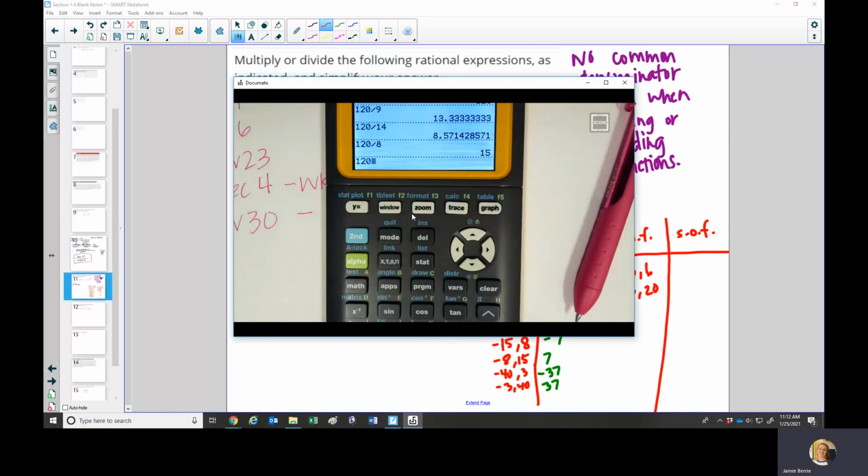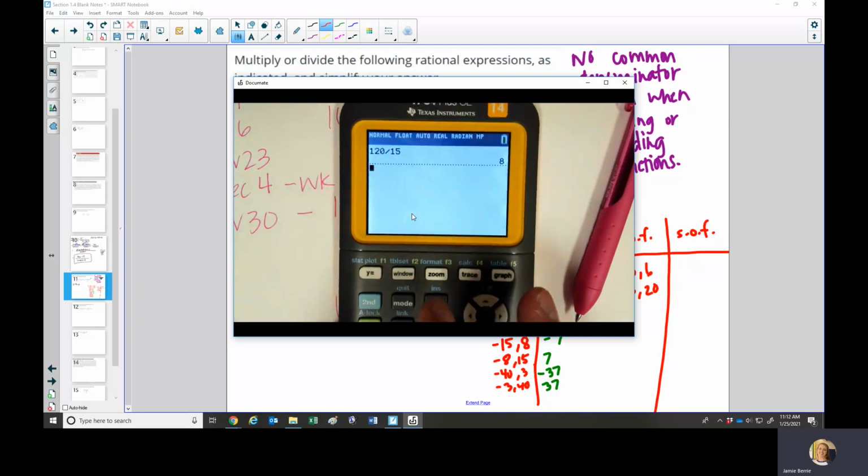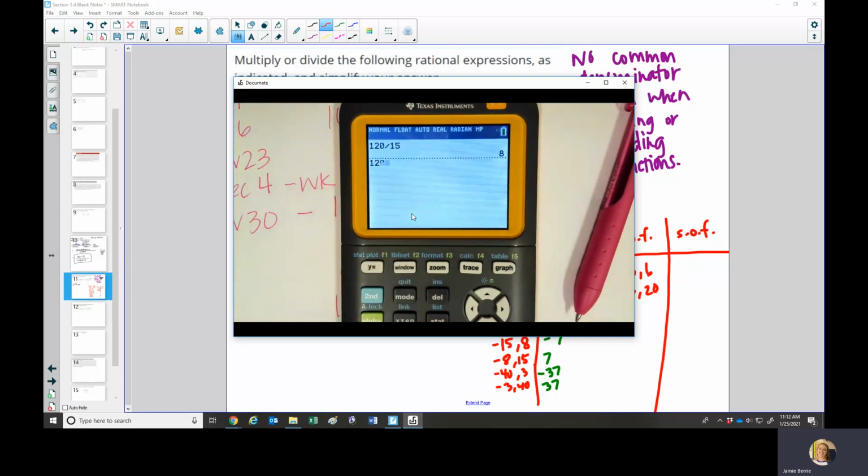I'm trying 120 divided by, does 15 go into it? Yeah, we did that one already, 15 and 8. Whoops, you can't see my calculator. Let's do 120 over 16. Nope, that one doesn't work. It has to be a whole number. 18. Nope. 20. Did we do that one already? I think we did.